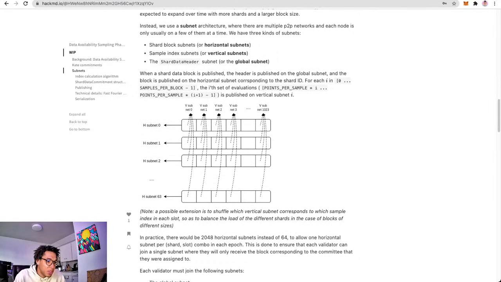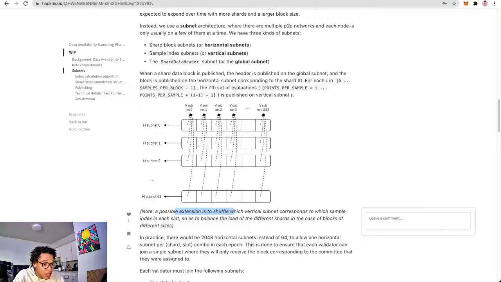Note, a possible extension is to shuffle which vertical subnet corresponds to which sample index in each slot so as to balance the load of the different shards in the case of blocks of different sizes.